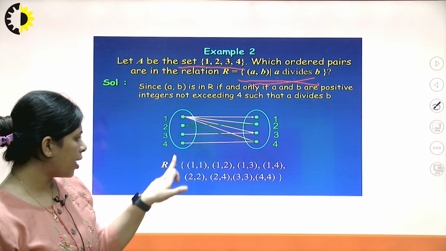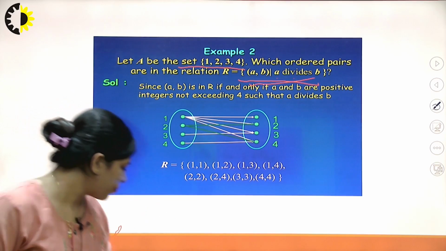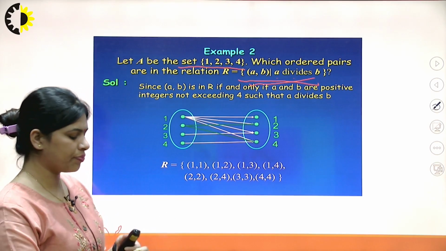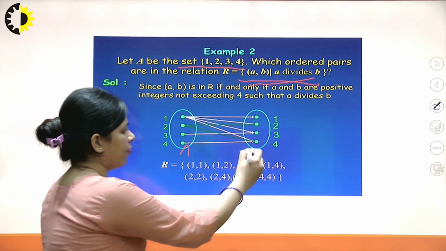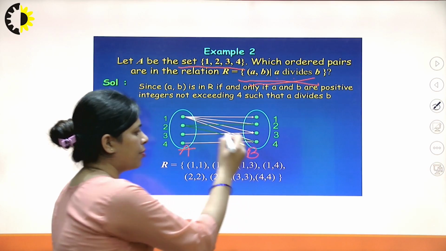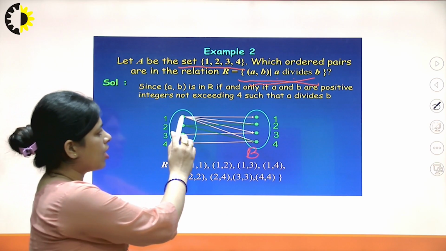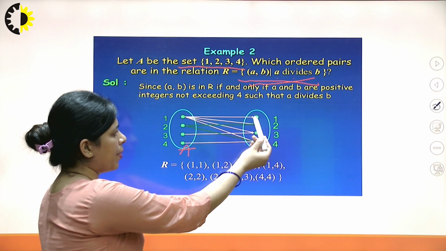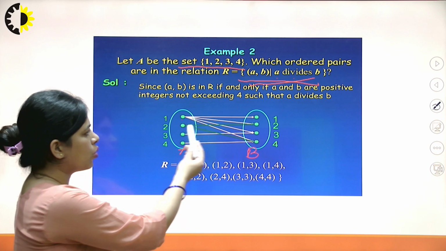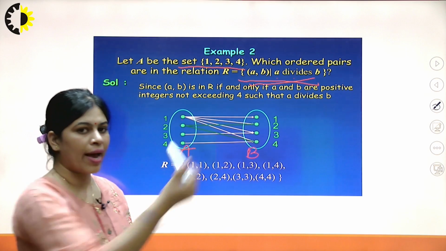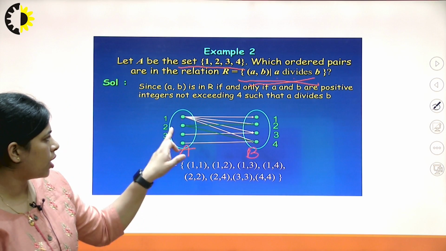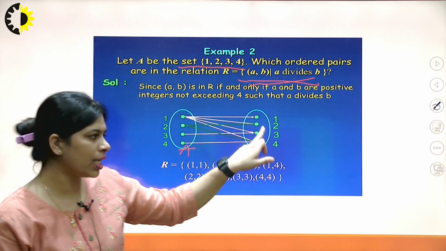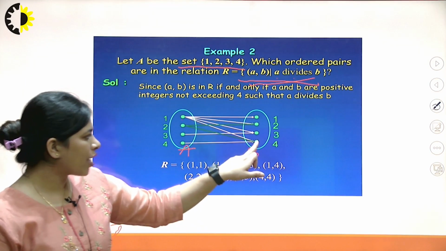Let this be set A and we may consider this set B. So the element 1 is making a pair with 1, 2, 3, 4, and 2 is making a pair with 2, 4. Why? Because 2 can divide 2 and 4 can be divided by 2.